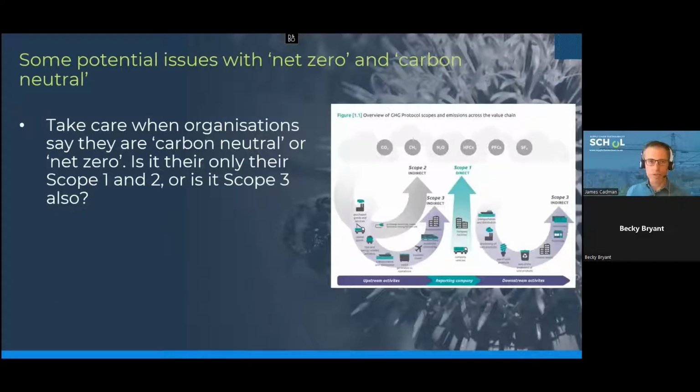Just as a reiteration, be careful if you're engaging with suppliers or customers or other stakeholders when they talk about net zero and carbon neutral. Check they know what they're talking about when they use those phrases. What do they mean by them? There are quite a few organizations out there who'll say they're net zero. When you actually look into it, you realize they're just focusing on their own organization. They're not looking at the wider piece. They're not looking at their value chain. They're not looking at following the trajectories of Paris, for example. So go in with your eyes open.